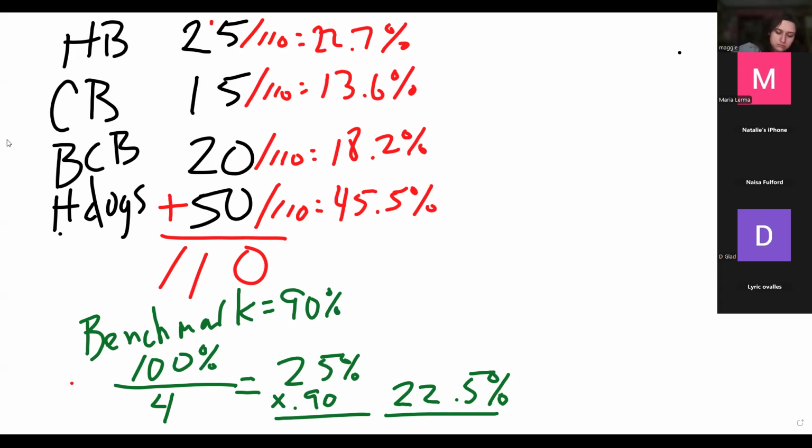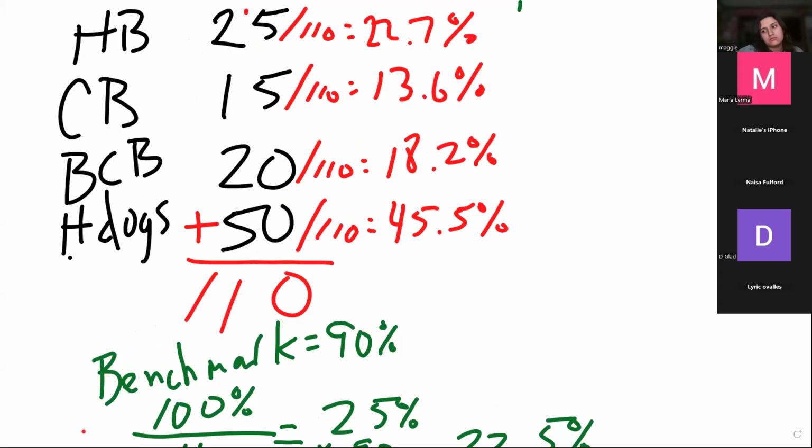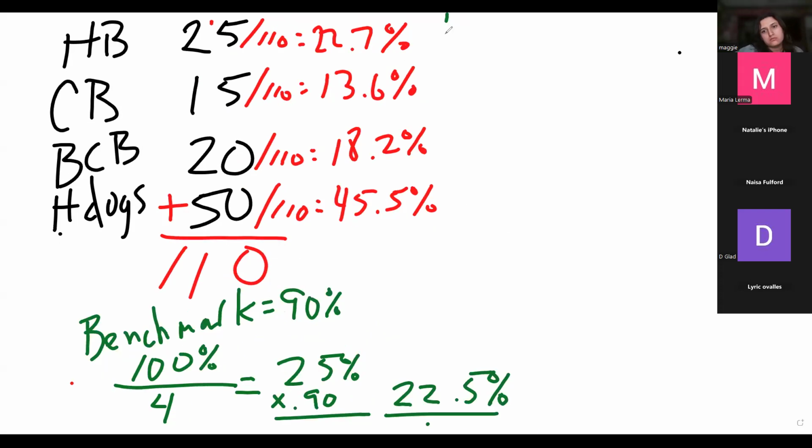Okay. So now, using this benchmark for popularity, is 22.7 higher or lower than the 22.5? Higher. Okay, so we have higher, about 13.6.